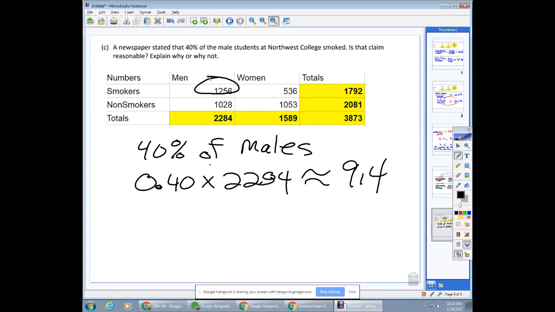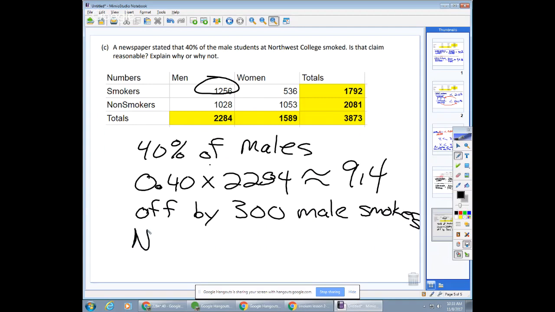My boss paid me 25% less, I'd be pretty pissed. So is it reasonable? I guess not, right? Because it's off by 300 male smokers. So I'm going to say I don't think that's reasonable. Not very reasonable.